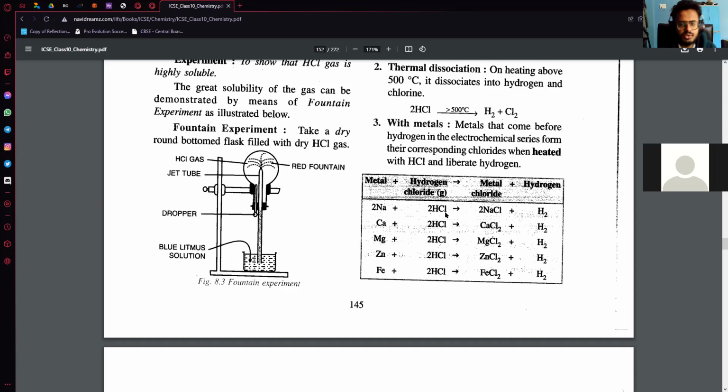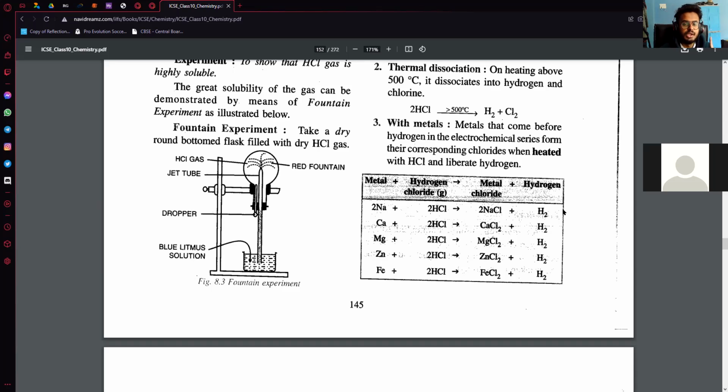It can react with hydrogen chloride gas or hydrochloric acid, both, to form salt and hydrogen gas. So active metals react with acids like hydrochloric acid or hydrogen chloride gas to form salt, NaCl is salt, and hydrogen gas. This is a very, very important concept.